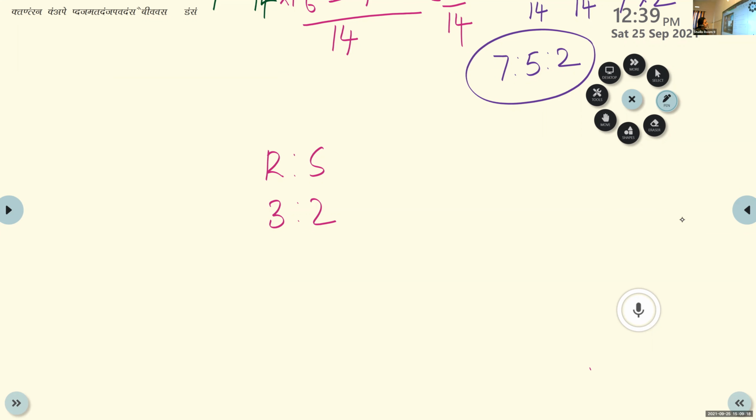Aparna, the middle figure is wrong. Yes, Karthik, right.